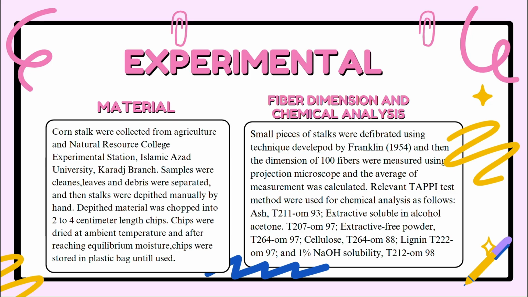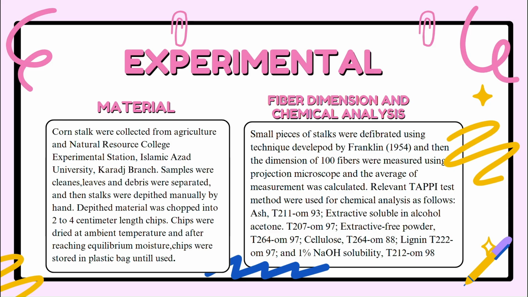Fiber dimension and chemical analysis. Small pieces of stalk were defibrated using a technique developed by Franklin, and then the dimensions of 100 fibers were measured using a projection microscope, and the average of the measurements was calculated.